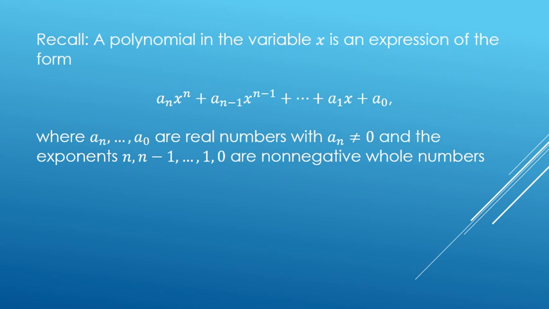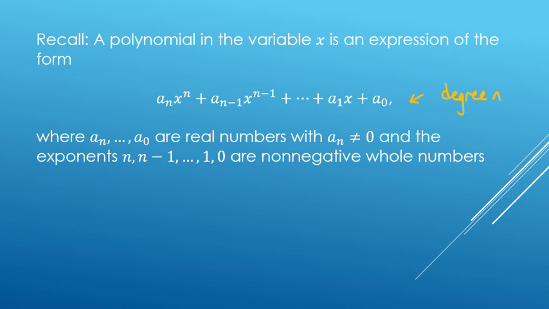If you see something like this that we have here, it's also referred to as a polynomial of degree n. You'll be seeing that once again later on in this course.